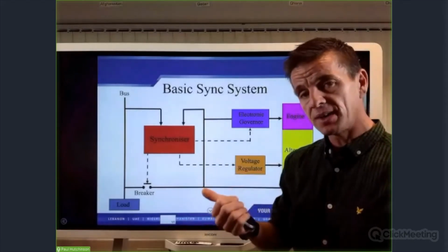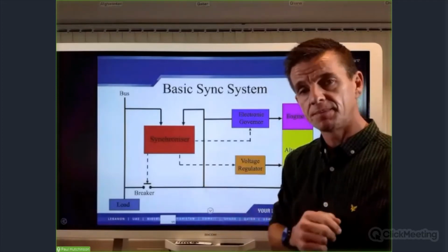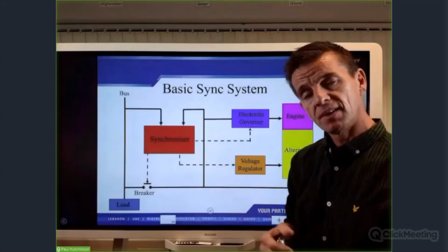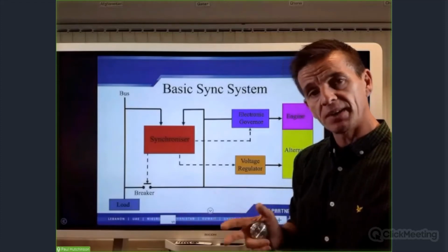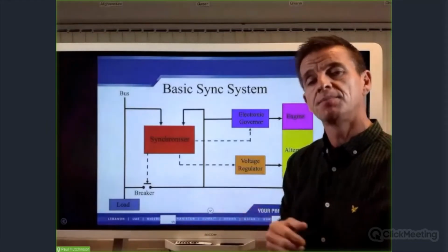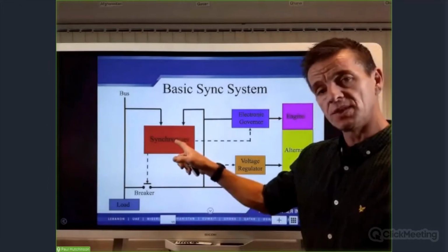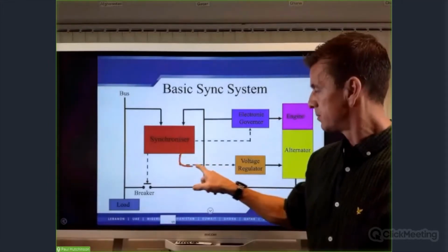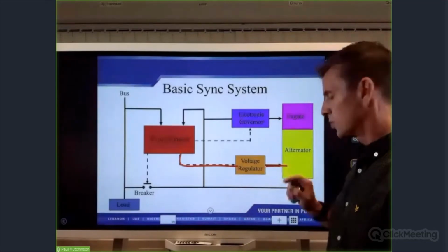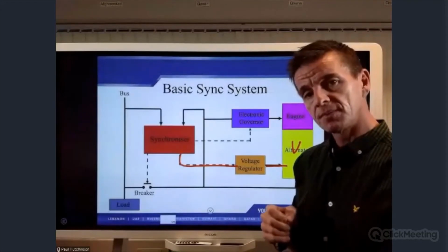Some are a voltage bias, some are CAN bus, some may even be PWM. The technology with all of those is advancing so fast. So depending on which system you're using, ensure you can use a bias or some communication between the synchronizer going to the AVR. The AVR will then control the voltage output of the alternator.